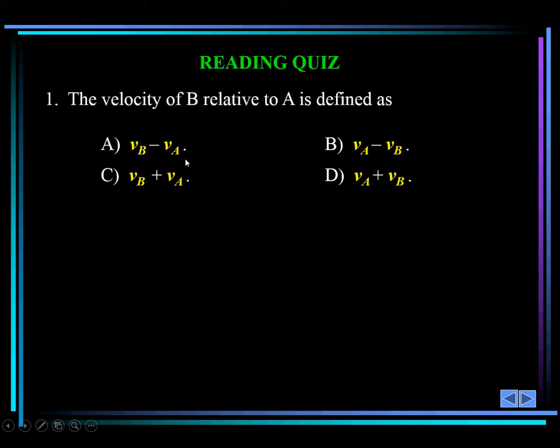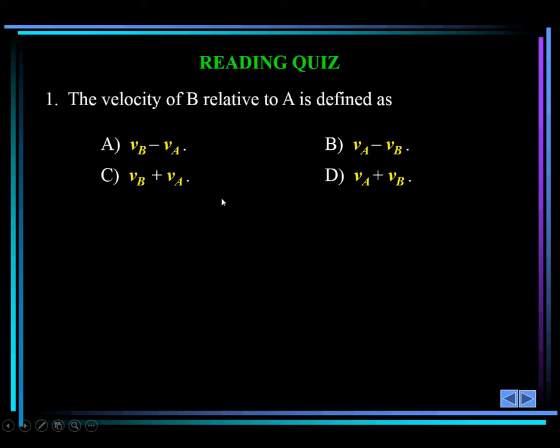So for example, the velocity, just a little bit of a testing question, thinking a little bit. The velocity of B relative to A is defined as the velocity of B with respect to A. Another way is velocity of B minus velocity of A. That's in vector form.